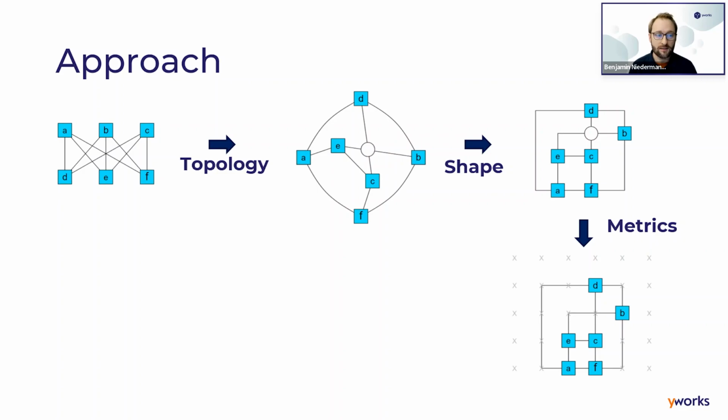So the idea is that we are given an input graph, a completely arbitrary input graph, and the first thing that we do is that we fix the topology. This basically means that we put the nodes into the plane, and we already roughly decide how they lie relatively to each other.